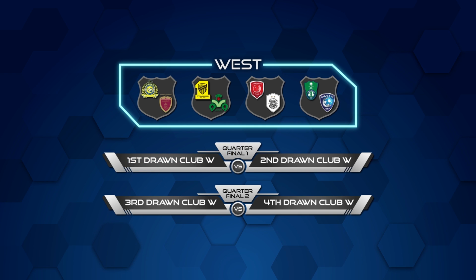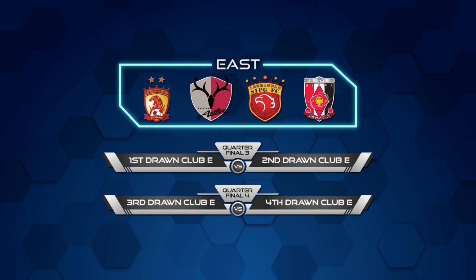First drawn club from the pot will host first leg of quarterfinal 1, with the second drawn club hosting the second leg. Third drawn club from the pot will host first leg of quarterfinal 2, with the fourth drawn club hosting the second leg. Next, draw from Club Pot East Asia.